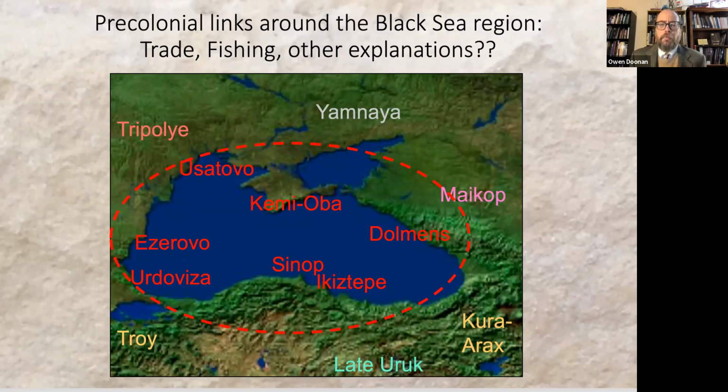And this was a very remarkable result, because it seemed like many of these sites were quite small and had very little potential for anything like what we would call trade.